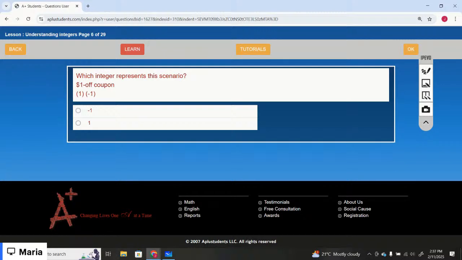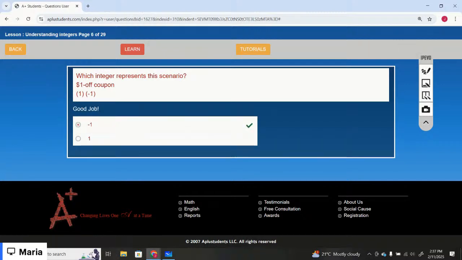Which integer represents the scenario? One coupon of, that is a decrease, so that would be negative 1.